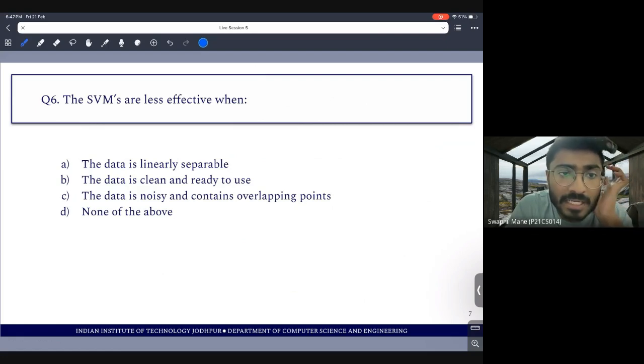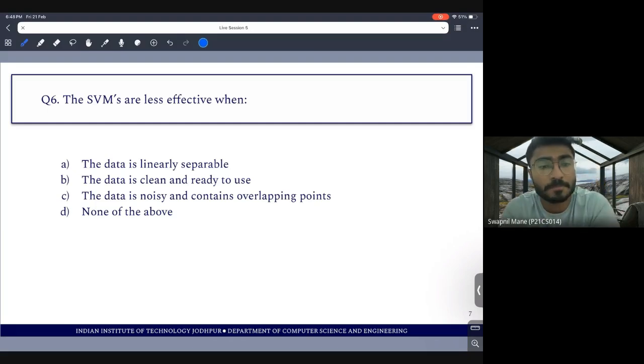SVMs are less effective when: option A, the data is linearly separable; option B, the data is clean and ready to use; option C, the data is noisy and contains overlapping points; option D, none of the above. Let me explain these options in detail, and maybe you will get a clearer idea. Students who got the correct option can answer in the chat box.